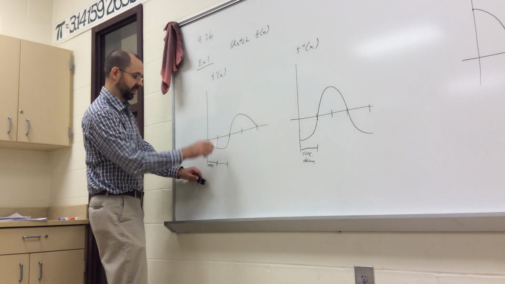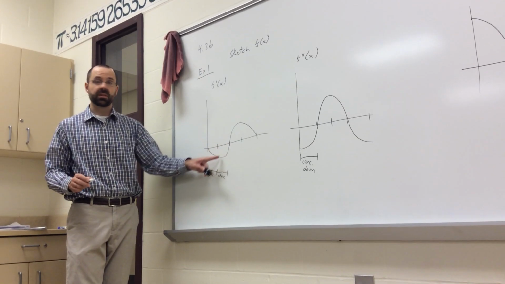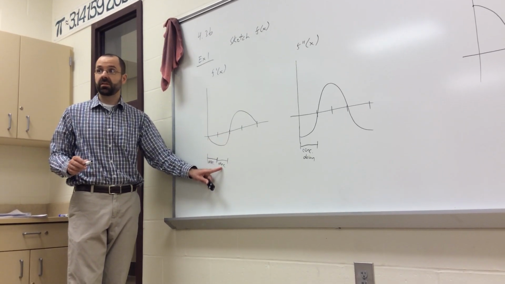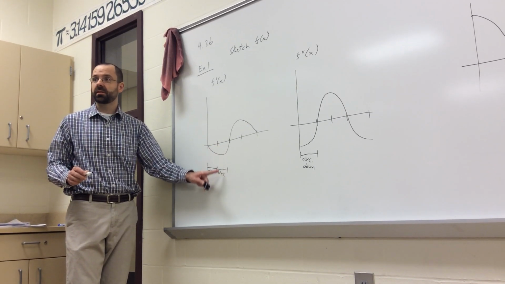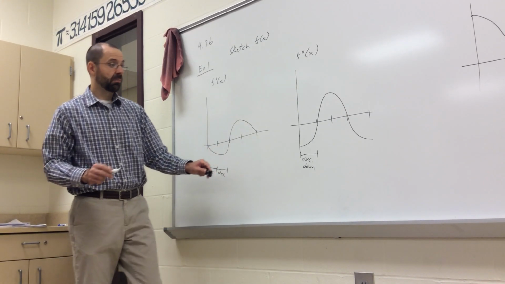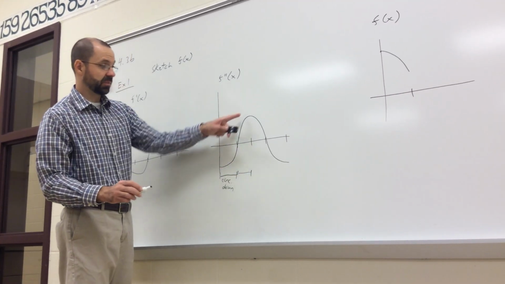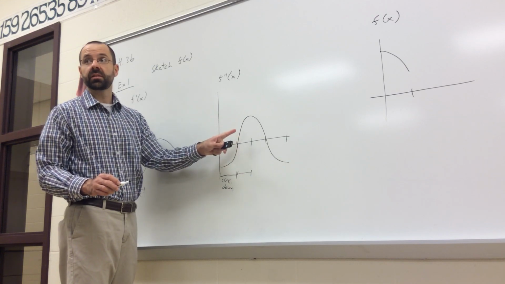All right, so here f prime is negative, so that means the graph is still decreasing because f prime is still below the x-axis. But over here, f double prime is positive because it's above the x-axis.